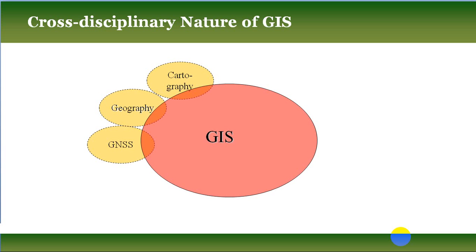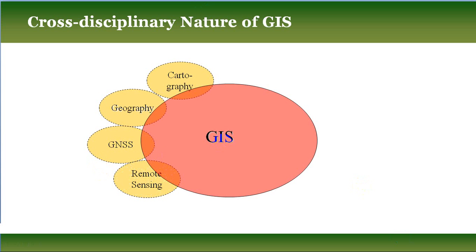This is one type of technology by which we can accurately identify the location on the Earth's surface with the help of longitude and latitude values. So this GNSS is one technology that helps you to collect geographical data, and this geographical data you can later use in GIS. So GNSS technology can be used as a GIS data source.